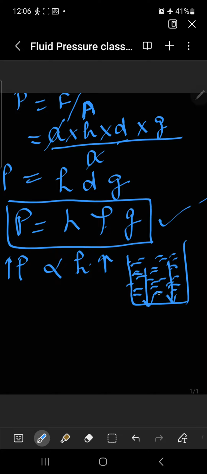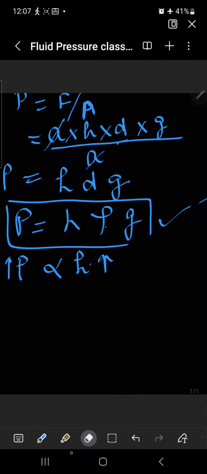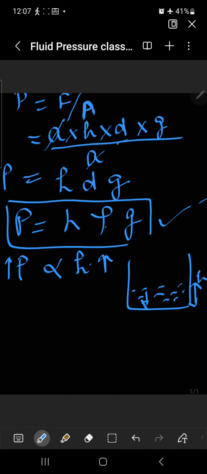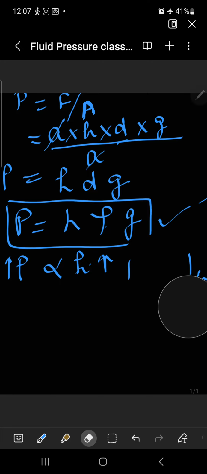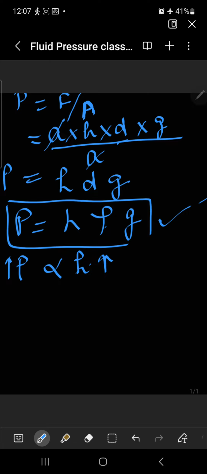And if we decrease the height of the fluid, then it will exert less pressure. Next, P is directly proportional to the density of the liquid. If the density of the liquid is more, then the pressure will also be high.